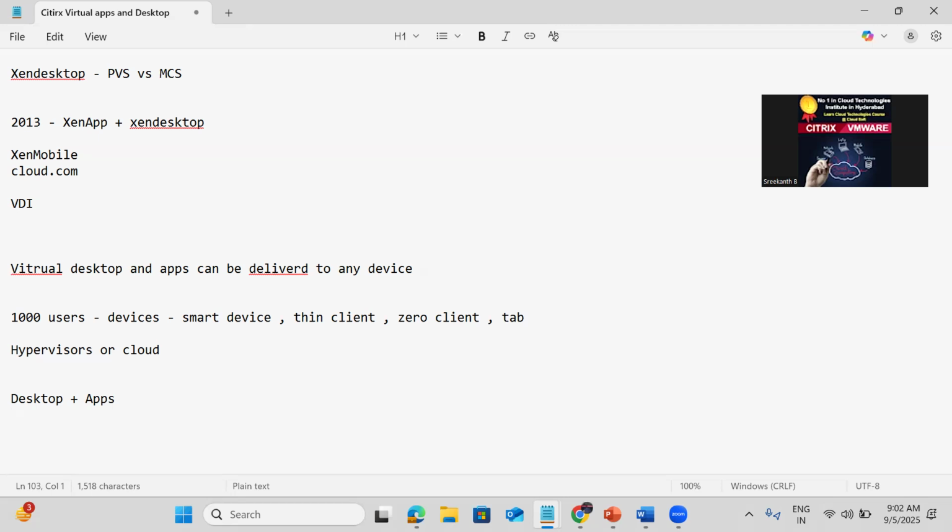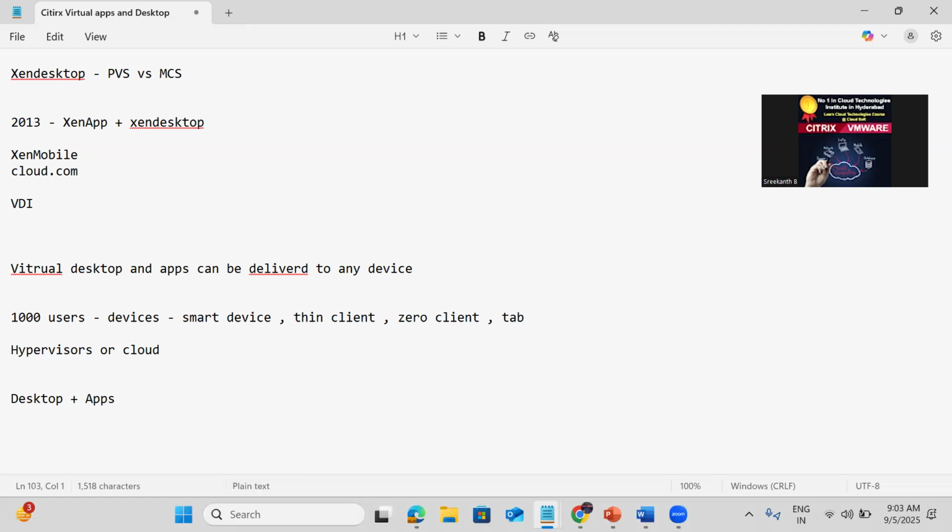Those applications we no need to install on the device. Those applications also can be delivered to any user by using VDA kind of solutions.